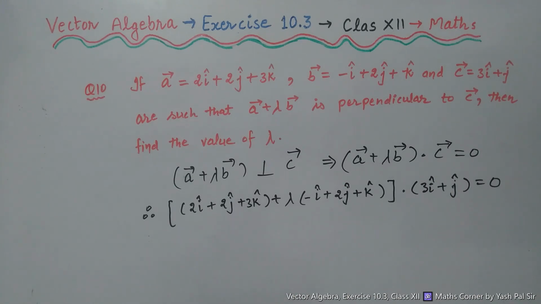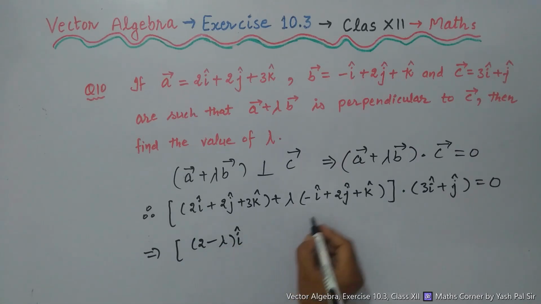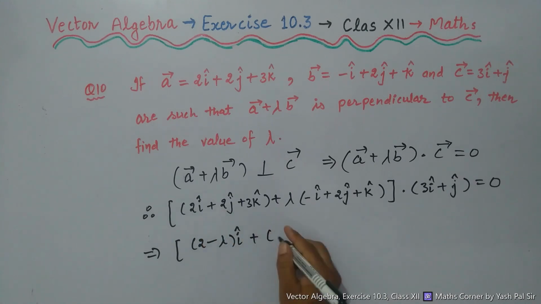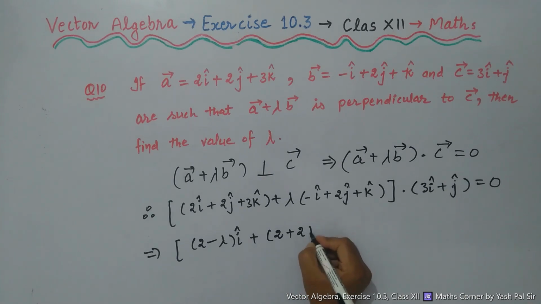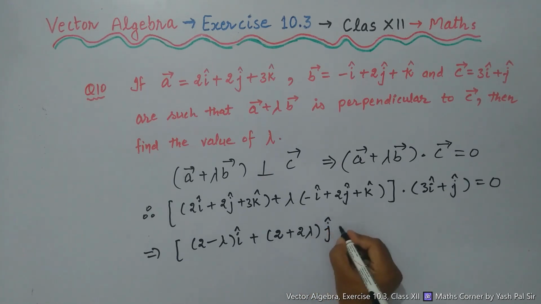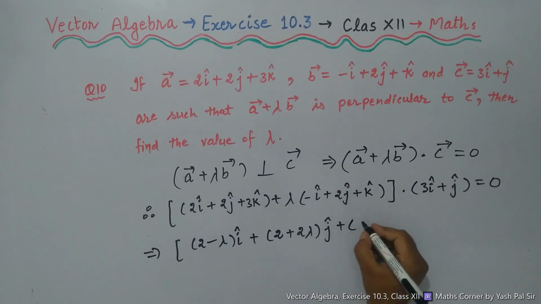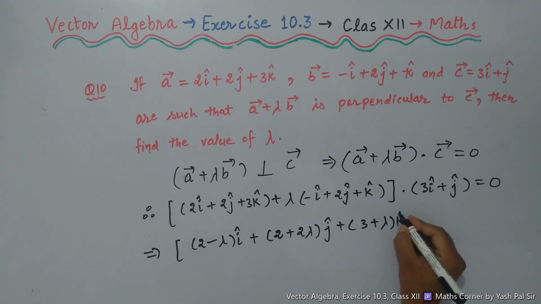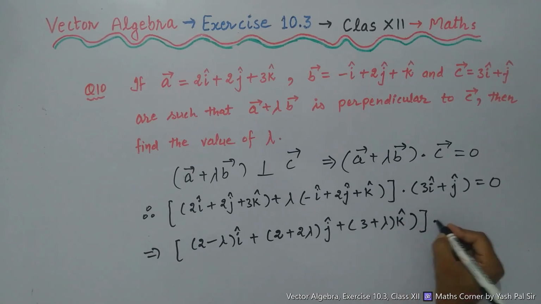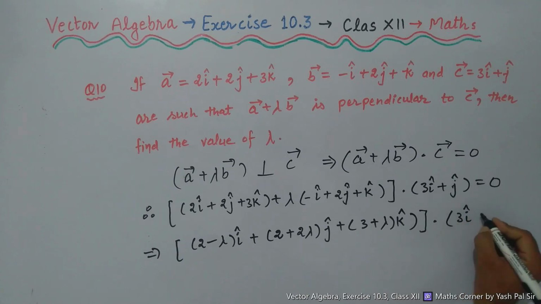This means we add the corresponding components: 2 minus lambda into i plus j components are 2 plus 2 lambda into j plus k components are 3 plus lambda into k, dot product with 3i plus j.